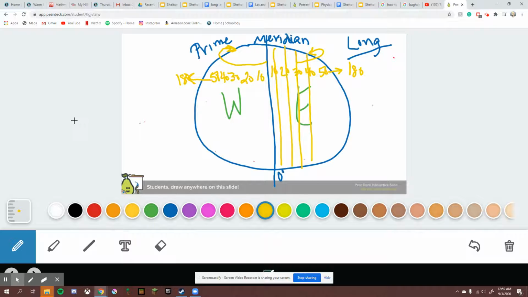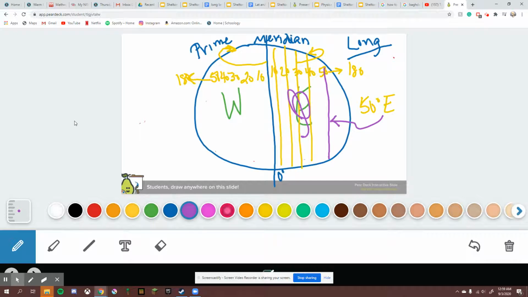So when you see the second number in your coordinates, because the first number is the latitude number, the second number is the longitude number. Let's say you're going to find 50 degrees east. Okay, if you have 50 degrees east, that's going to be at this line in the eastern hemisphere. So that's on this side, right?